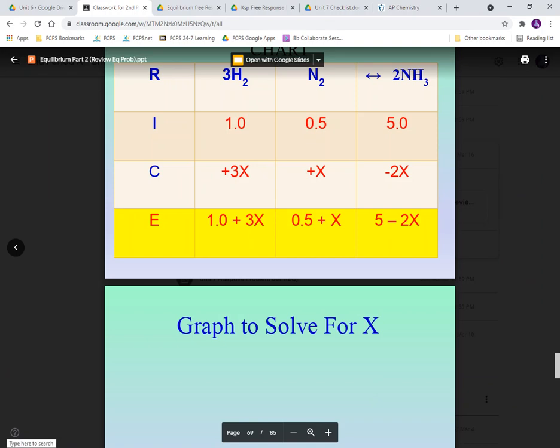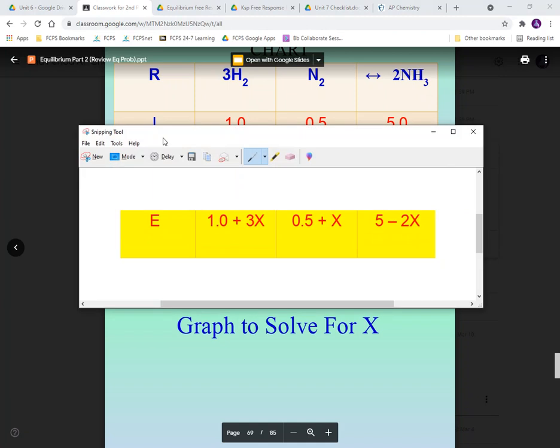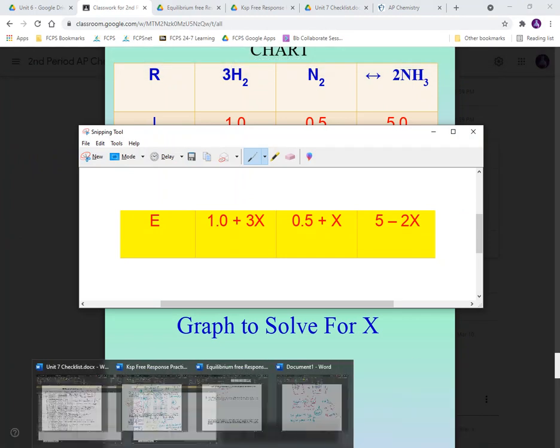Hold on, I'm going to try to do this to make it more efficient. Let's go back over graphing just to make sure everybody can do this. Okay, so these are the equilibrium ones, and we know that the K value is 7.66 for this problem.